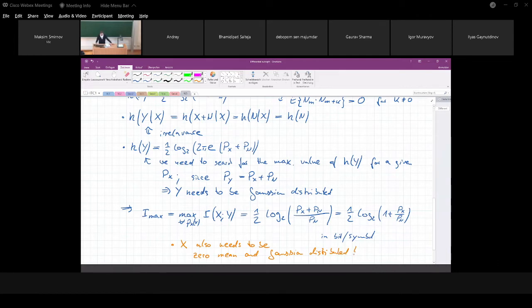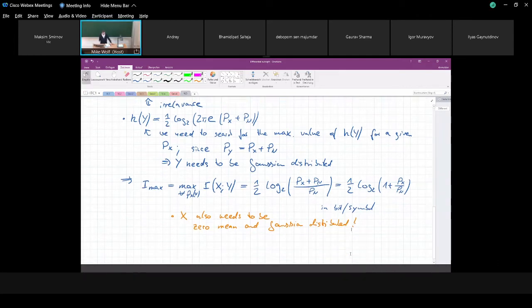Then we have the channel capacity. Of course, the result depends on Px divided by Pn. And it's interesting if, for instance, Px divided by Pn approaches 0.